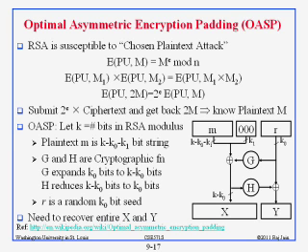You concatenate these two numbers, and you have two functions G and H, which are one-way hash functions. In G, if you give K0 bits, you get K minus K0 bits. In H, if you give it K minus K0 bits, you get K0 bits out.